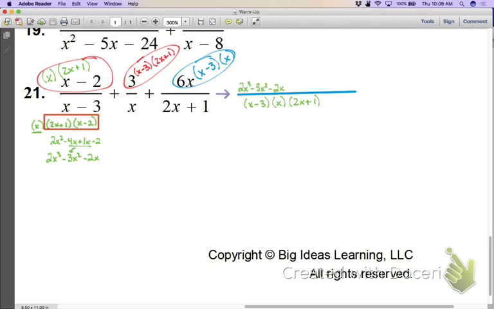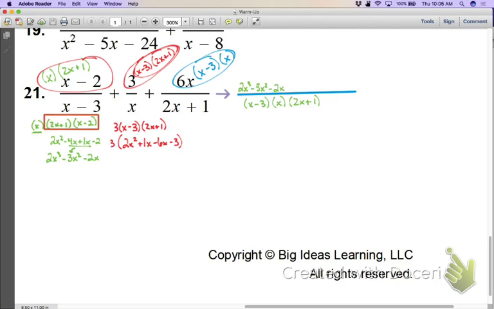With the one in red, I'm going to do everything the same way. I'm going to multiply everything by 3 last, so I'm going to multiply those two first. So I'm going to have 3 times x minus 3, 2x plus 1. So 2x squared plus 1x minus 6x minus 3.